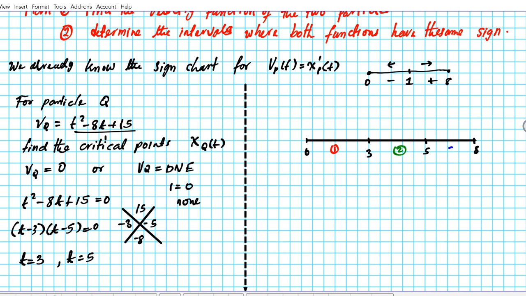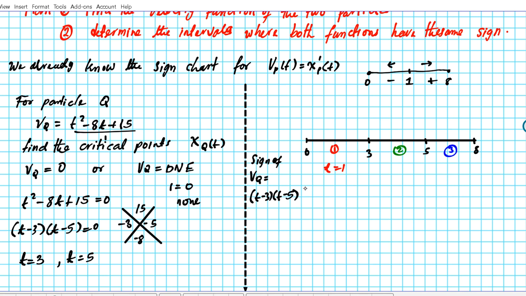All right, so we're looking at the sign of v sub q. We're going to be using the factored state because it's much easier to figure out the sign there. So t minus 3 times t minus 5. That's what we're going to be plugging in. So for the first interval, we're going to use t equals 1.